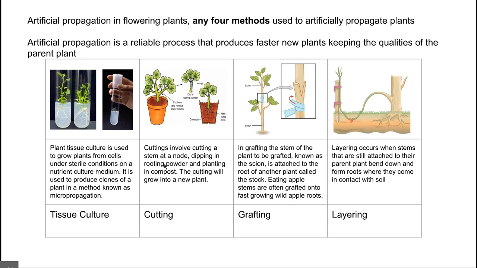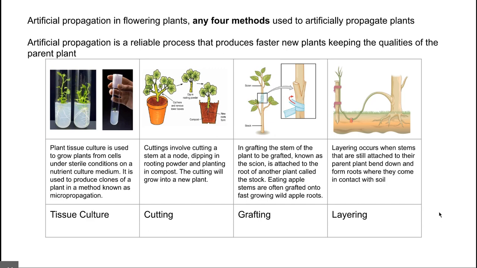Okay, so you have to be able to name and maybe write a simple sentence about each of these: tissue culture, cutting, grafting, layering. And the likelihood is you'll be asked to name 2 methods of artificial propagation in plants.